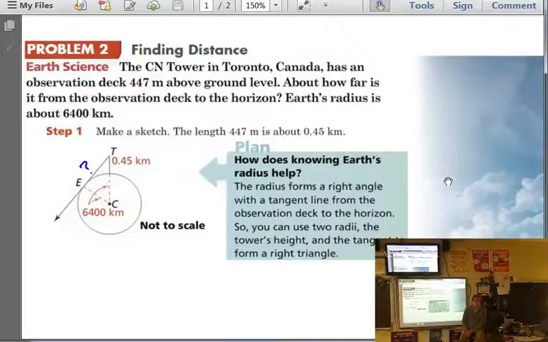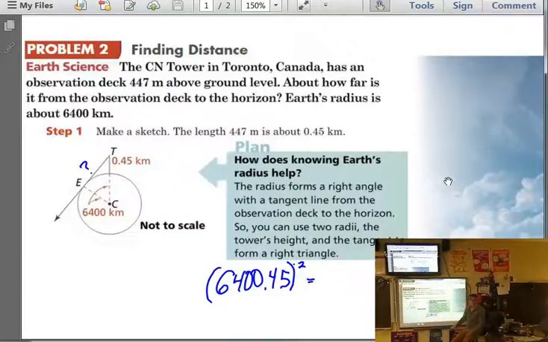So here's the deal. What am I really making here? A right triangle. What part of the triangle am I trying to solve for? A leg, right? So we know our hypotenuse, which is 6,400.45. Then we would square that.